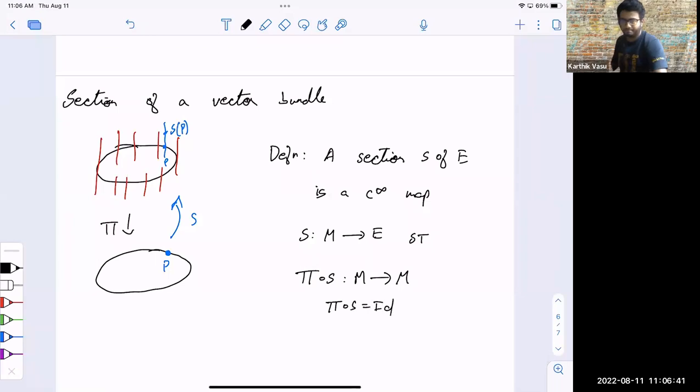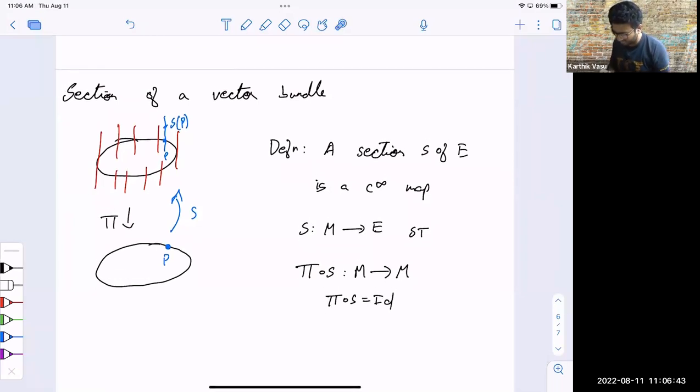This basically means for each point, I'm giving some vector in the fiber. And I want this to be smooth. If I take another point here, I'll get another fiber, and I want this to move smoothly. So a section will basically draw out a squiggly line like this, and that's a section.